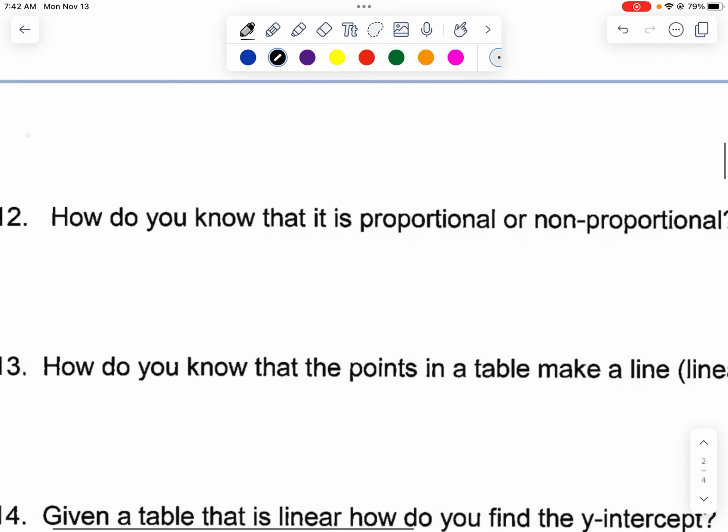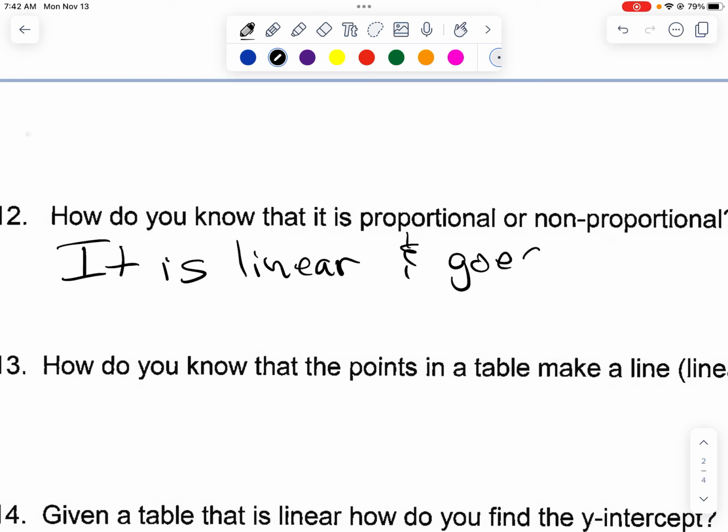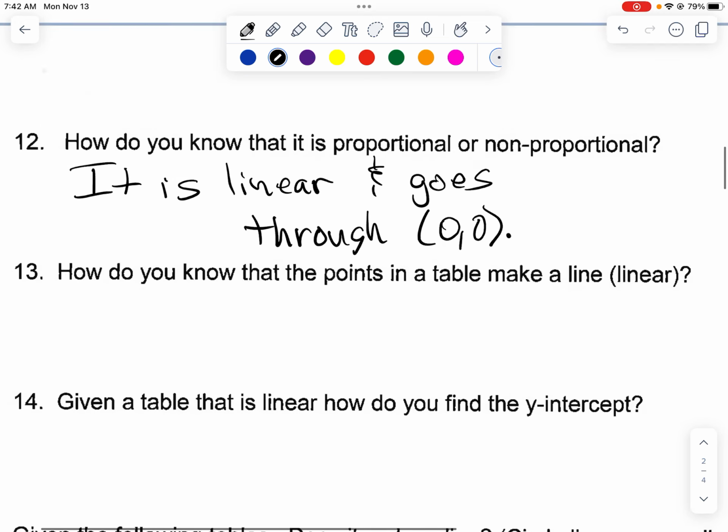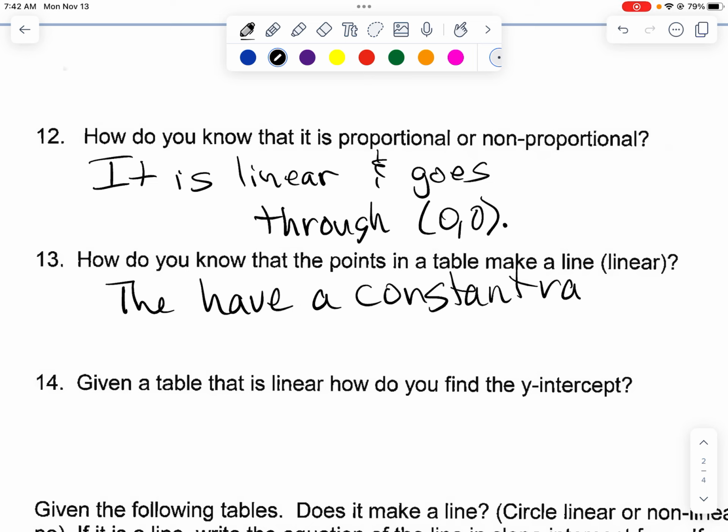How do you know if it's proportional? It is linear and goes through 0, 0. How do you know the points on the table make a line or that they're linear? They have a constant rate of change.